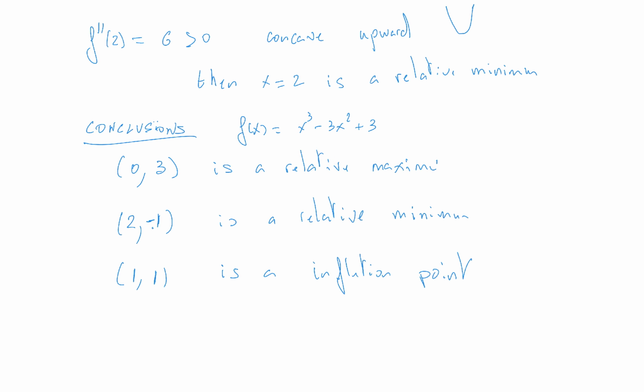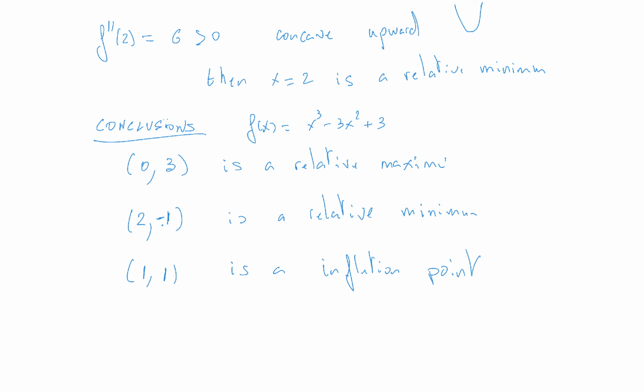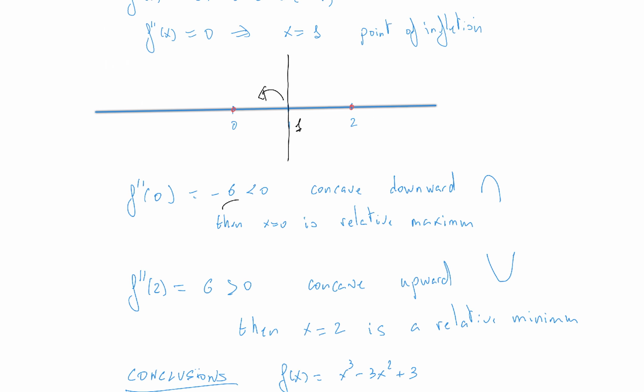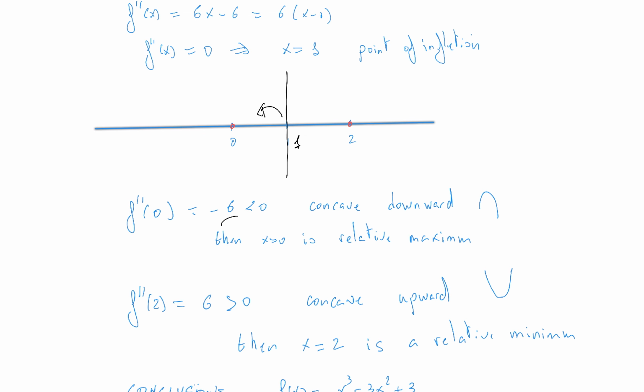The conclusion is that for the function x cubed minus 3x squared plus 3, the point (0, 3) is a relative maximum, the point x equal 2 is a relative minimum, and the point (1, 1) is an inflection point. To the left of x equal 1 the second derivative is negative, and to the right it is positive.